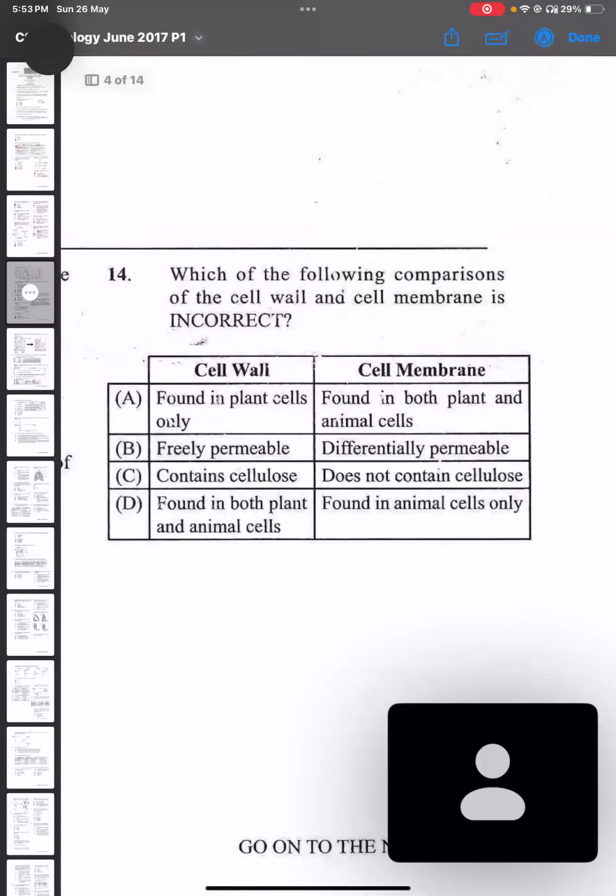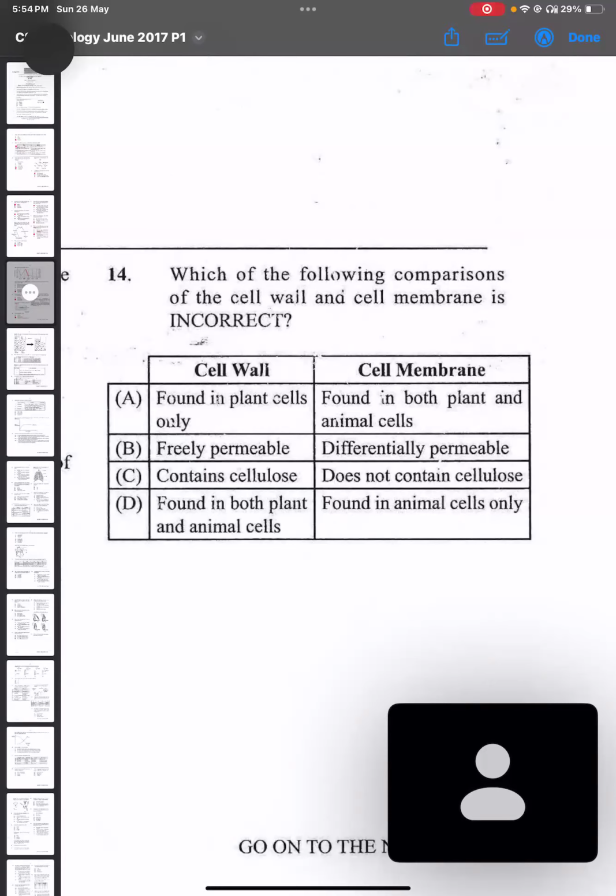And then for number 14, what's our answer? It says what is incorrect.